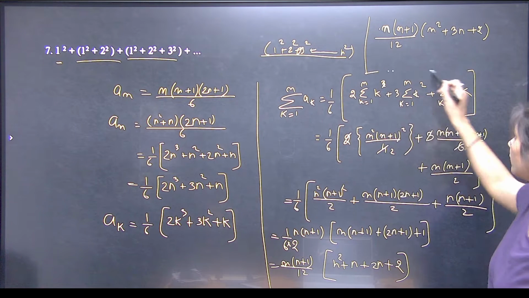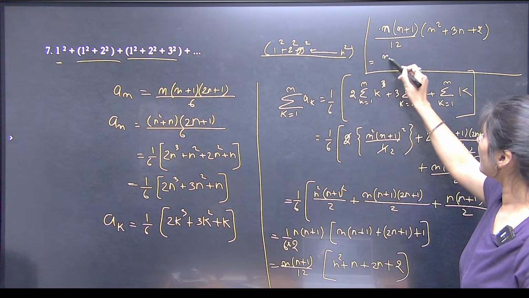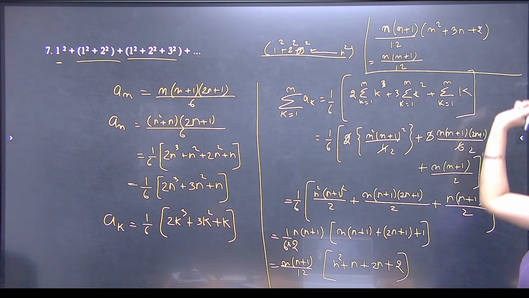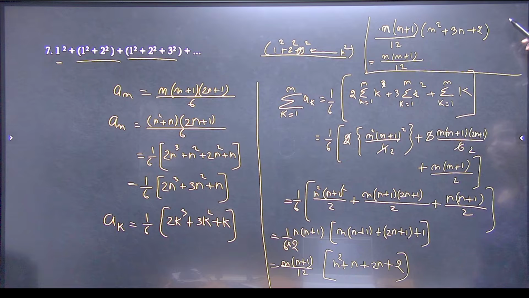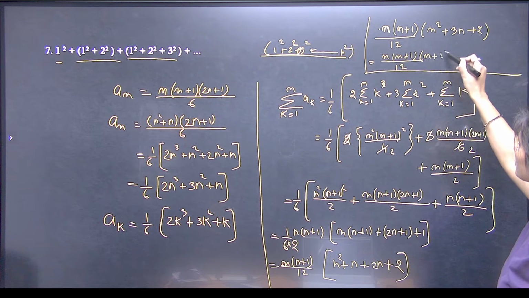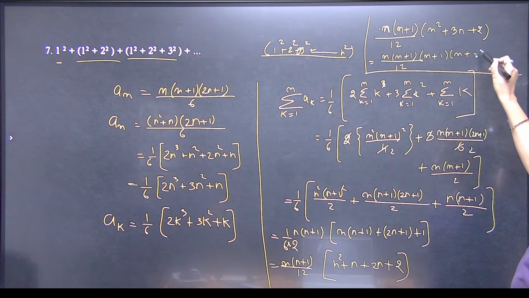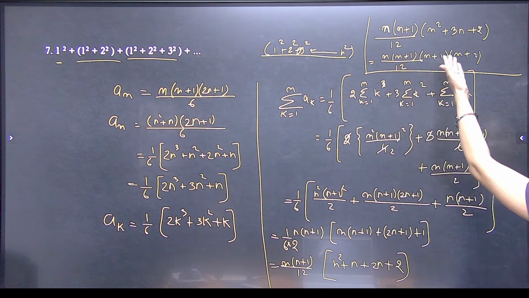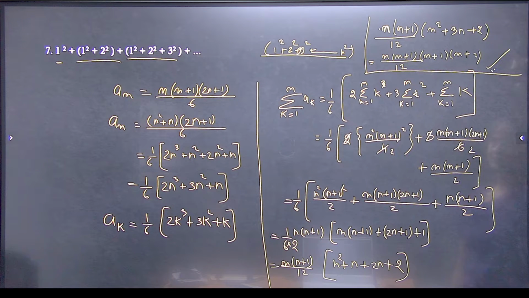Now see, we have n square plus 3n plus 2. So if we will factorize it, it will give (n plus 1)(n plus 2). Isn't it? So we can write n by 12, (n plus 1) square, (n plus 2). So this is the answer.